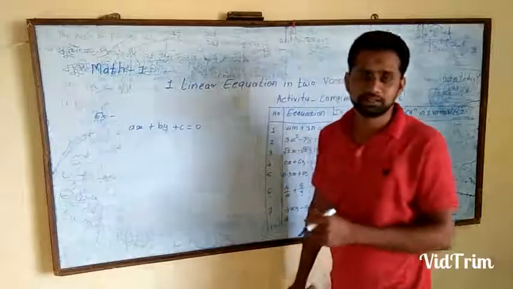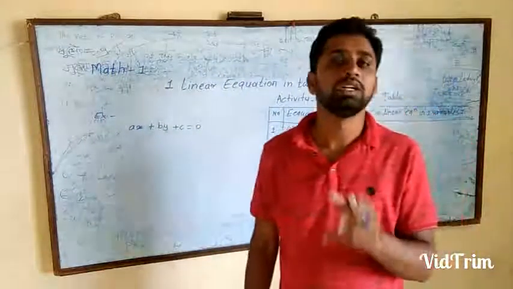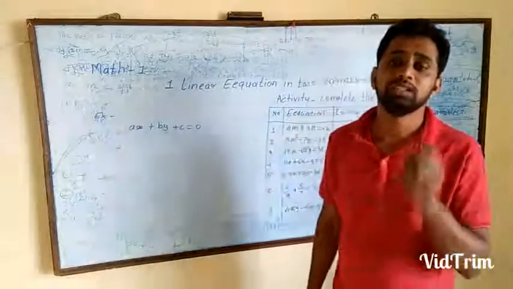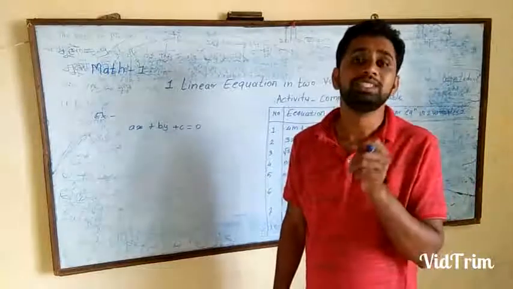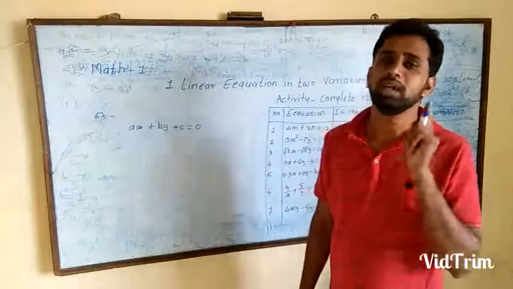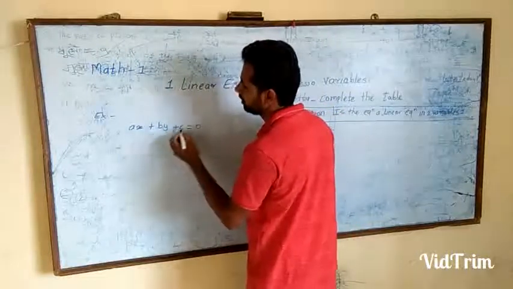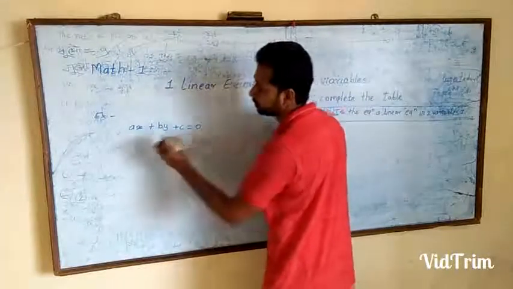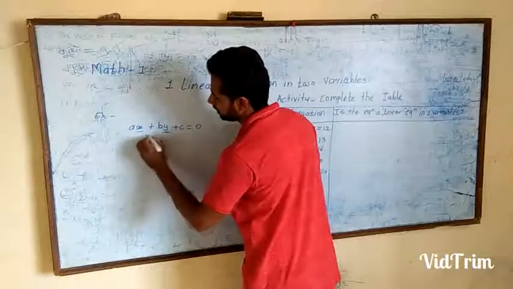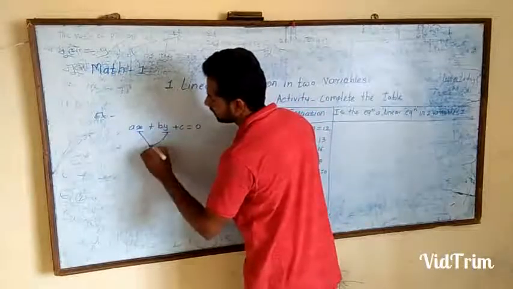अशी इक्वेशन जिच्यामध्ये टू व्हेरिएबल्स आहेत आणि त्या व्हेरिएबलची जी डिग्री आहे पॉवर आहे ती नेहमी एक असेल. फॉर एक्झाम्पल इथे दिलेलं आहे ax प्लस by प्लस c इज इक्वल टू 0. इथं x आणि y हे दोन्ही काय आहेत तर हे दोन्ही व्हेरिएबल्स आहेत.